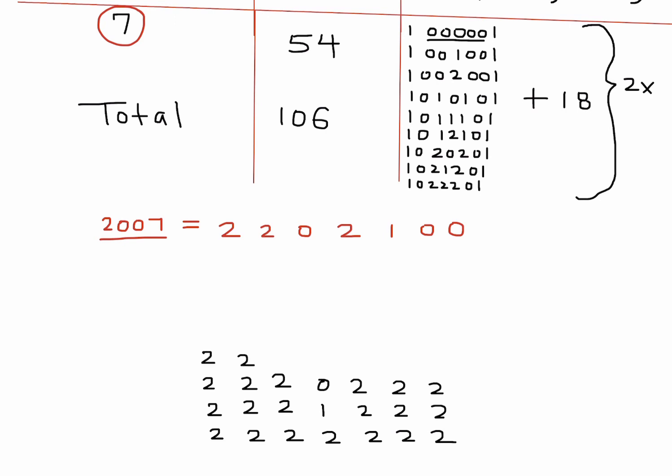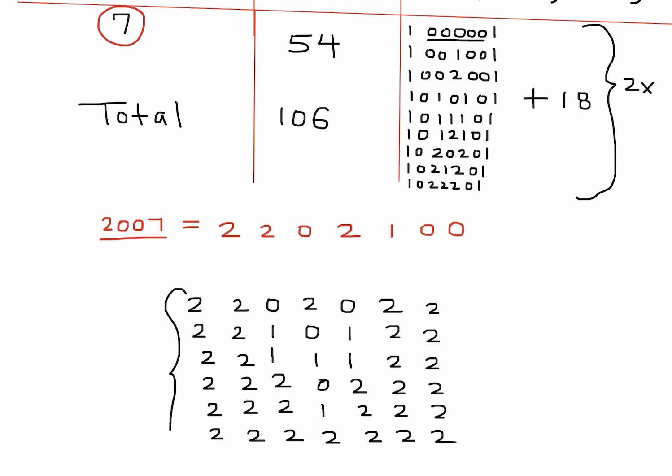Okay, keep my 2, 2's, but how about let's add 1 this time? 1, 1, 1. That's also greater than 2007. And then 1, 1, 0. That's also going to be greater than 2007. And then 2, 2, 2, 2. And I think if I put 0, 2, 0, that will also be greater than 2007. So that's 6 palindromes that are greater than 2007 that I need to subtract from this list.